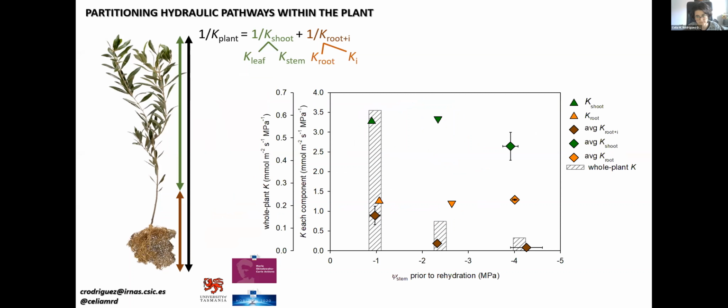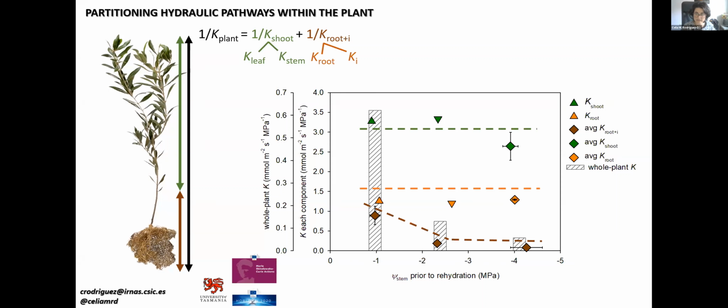If we show the results of this experiment over a water potential level down to minus 4.5 megapascal, we saw that there were no changes in either the shoot or the root hydraulic conductance.